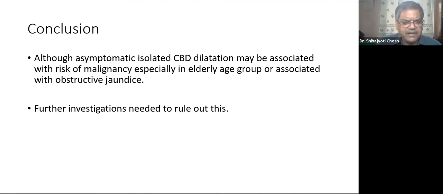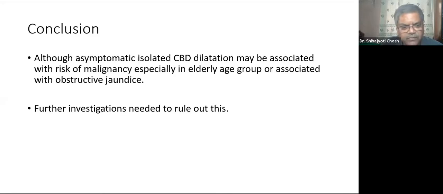And second, in case of isolated dilated common bile duct, if it is stable dilatation in the follow-up period, the patient can be followed up and reassured that further investigation is not needed. So this is all from my side for today's discussion. Thank you very much.